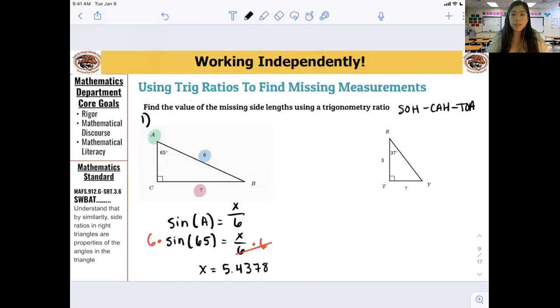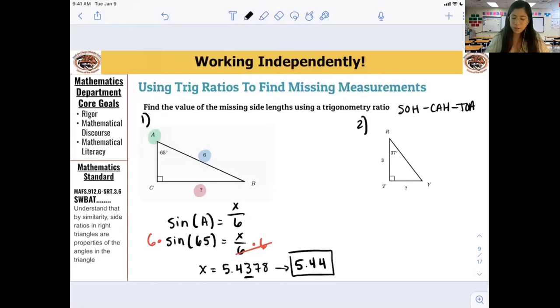So if I'm rounding to the nearest hundredth, what do I get? Do I get 5.43 or 5.44? Good, 5.44. Okay, so that was number 1.